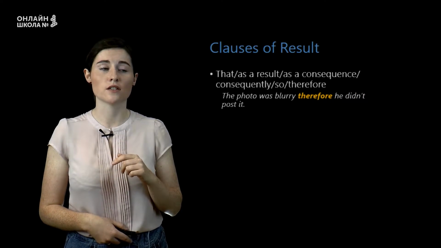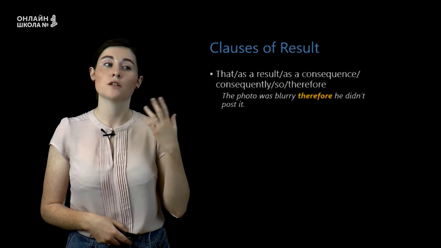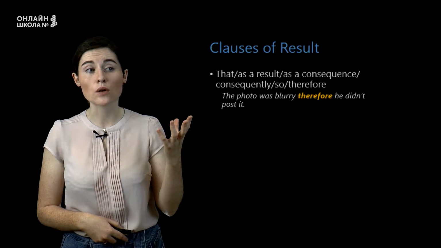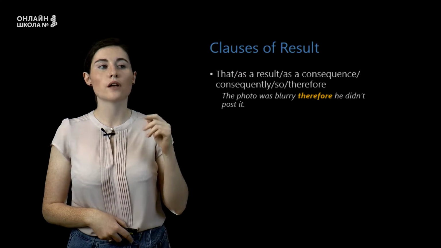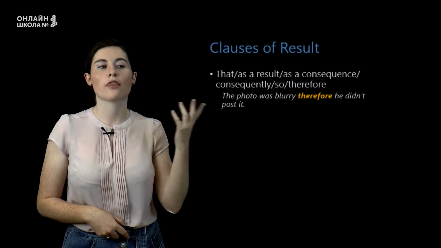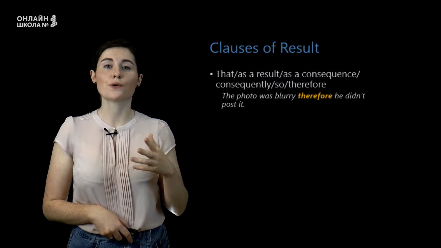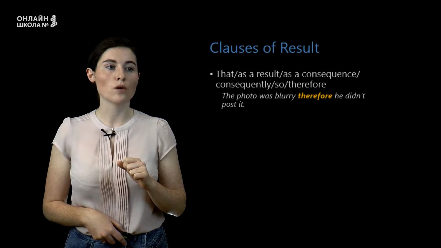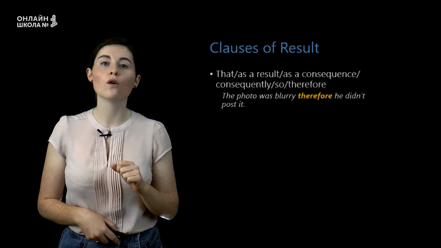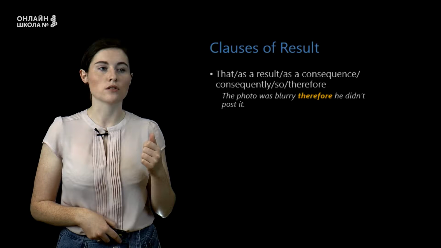They can be presented by words that, as a result, as a consequence, consequently, which is a formal variant, so, or therefore. Therefore is also a formal variant. For example, the photo was blurry, therefore he didn't post it.